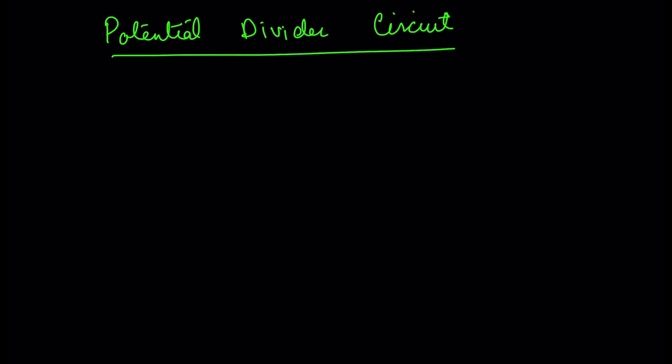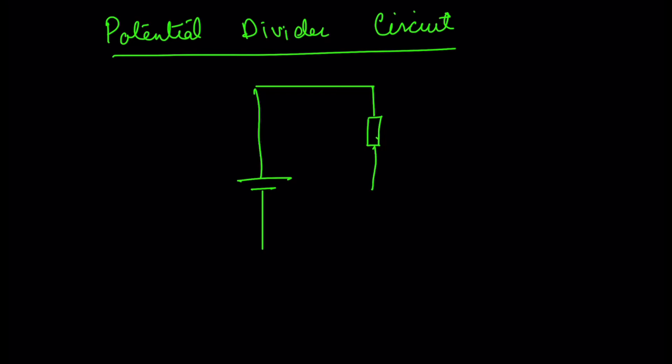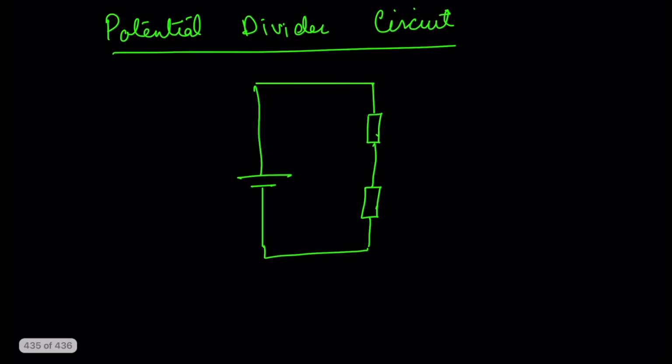So it looks like this. That's the cell. That's the first resistor. That's the second resistor. And these two are the outputs, and we'll put this as a variable resistor.